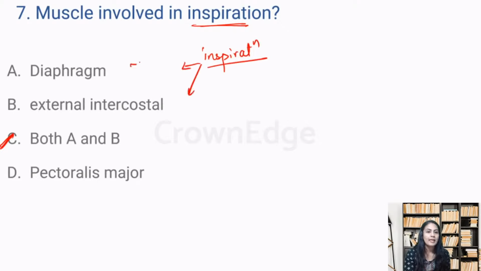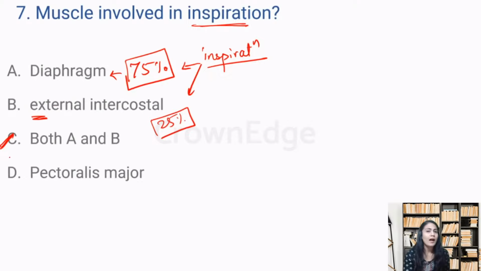How much? We already discussed that 75% of the contribution is of the diaphragm, and only 25% is of your external intercostals. How to remember? I told you, go reverse, vice versa. In inspiration, the external intercostals will work. In forceful expiration, remember, I'm writing forceful, not normal expiration.